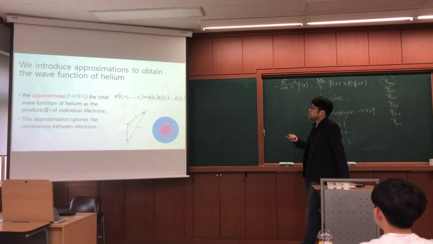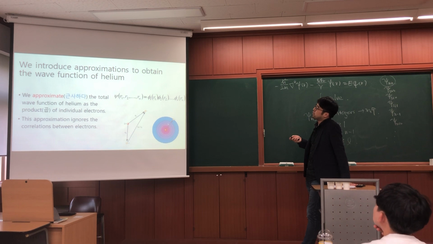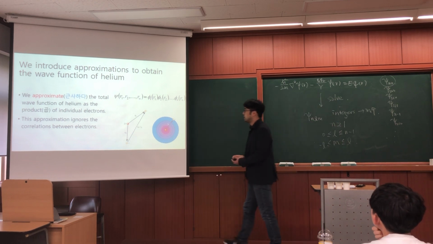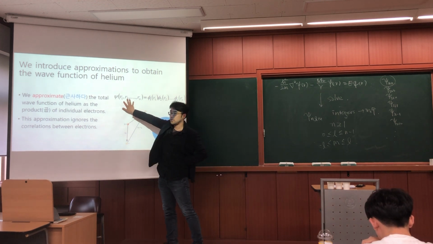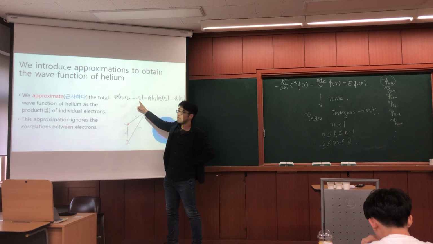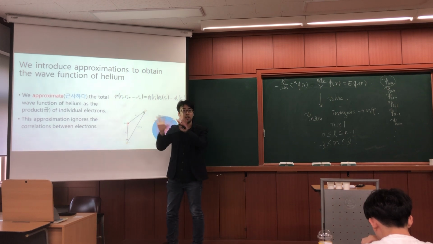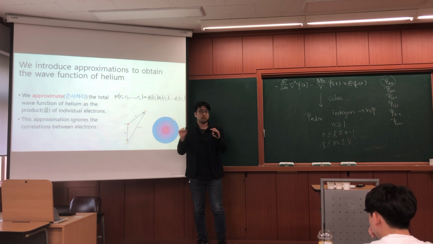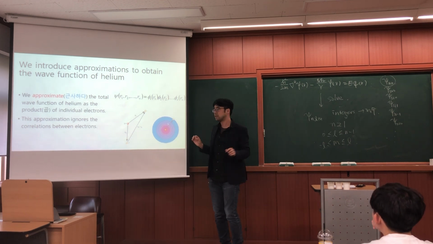So the first approximation of quantum chemistry is this: let's assume this is the wave function of a very complex system with n electrons. If there are n electrons, the equation becomes very, very complex.